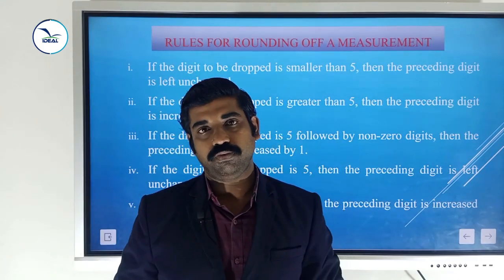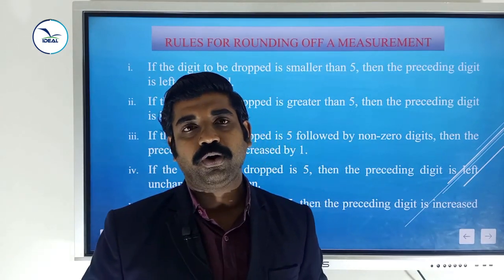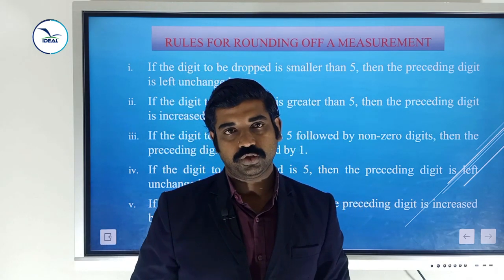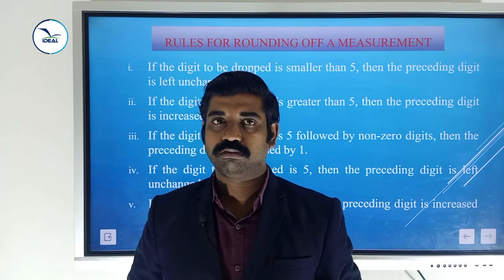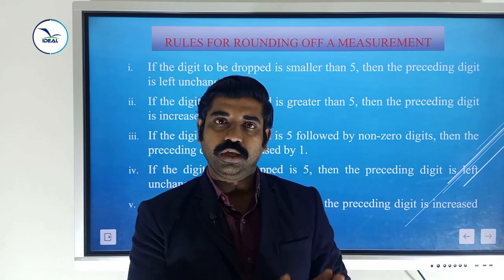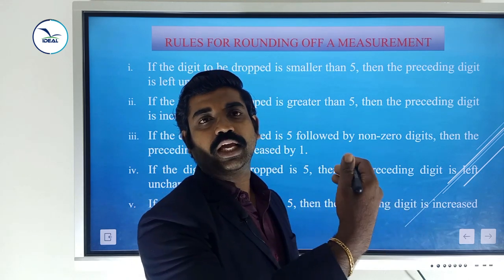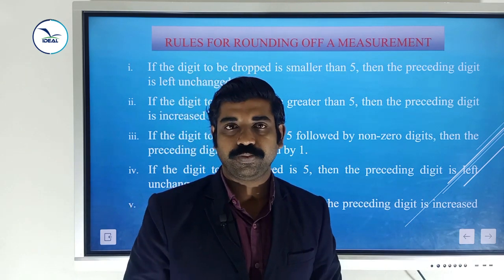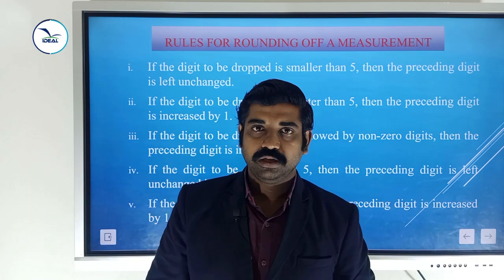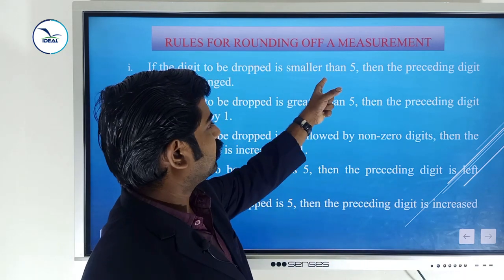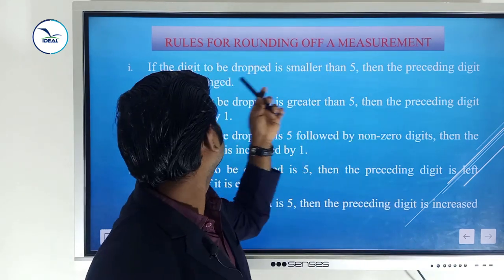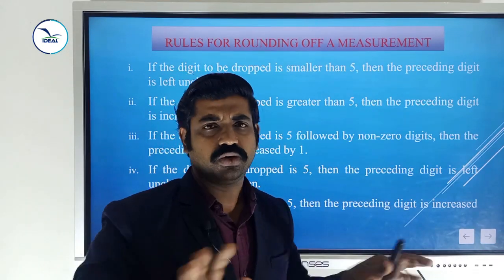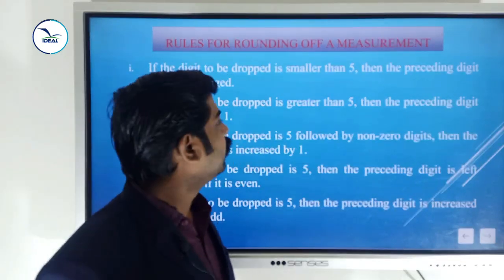For example, we have 1.4544. So I want to round it to 2 decimal places. So those 2 fours can be neglected and the last digit is 5 itself. Okay, that's an example. So if the digit is smaller than 5, then the preceding digit is left unchanged. Means there is no change in that preceding digit.